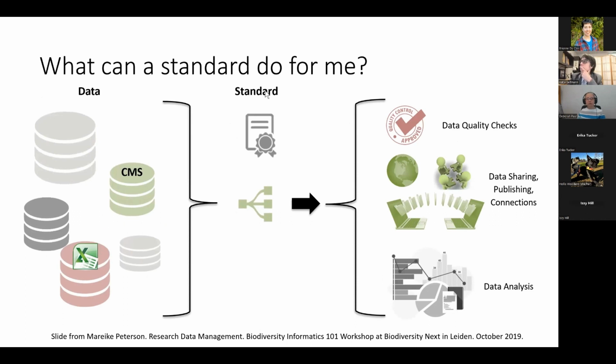Once these data are mapped to a standard, and you only have to do the mapping once, then you have the data quality checks for the syntax and semantics I was mentioning, as well as the ability to facilitate data sharing and publishing and connecting across data sets that have employed the same standards as you. This then empowers more data analysis possibilities that weren't possible on the original scale or scope of the prior data sets, as well as enhancing the discoverability that Katja was talking about, or FAIR.